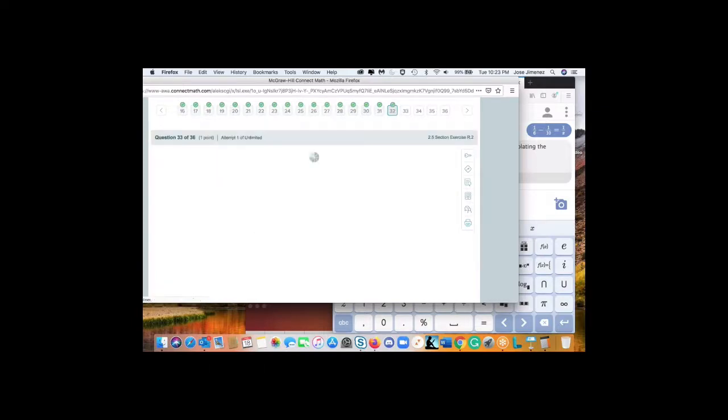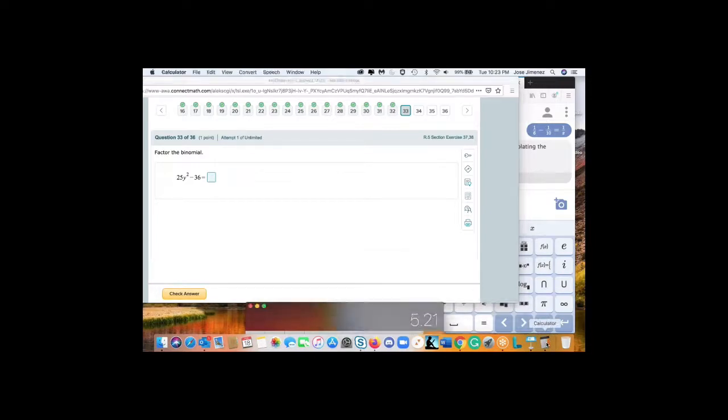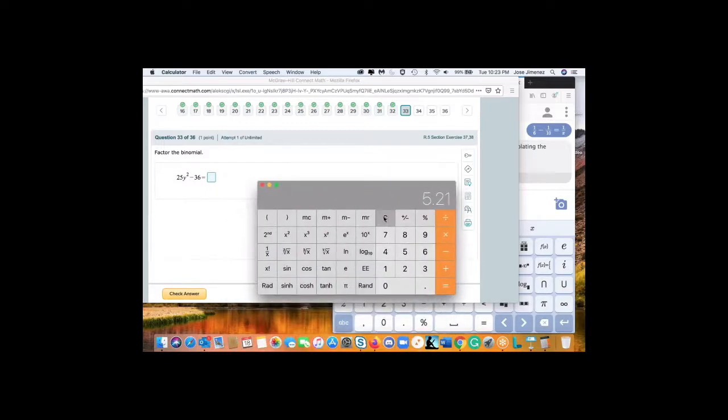33. Factor the binomial. First, you have to find the square root. So it's always you say the square root of 25 is 5. The square root of 36 is 6.